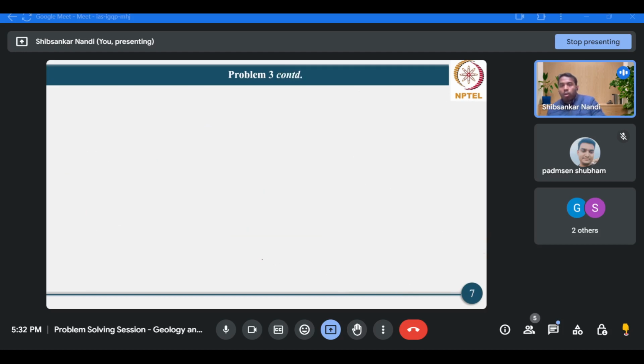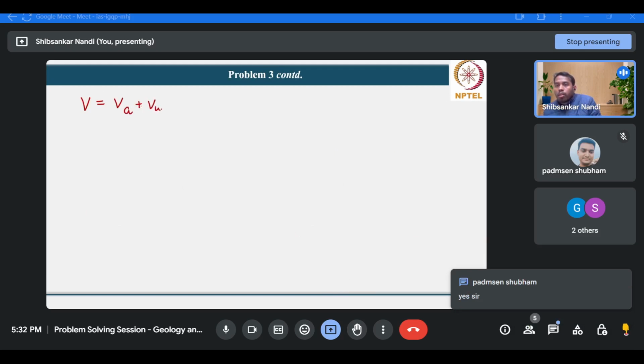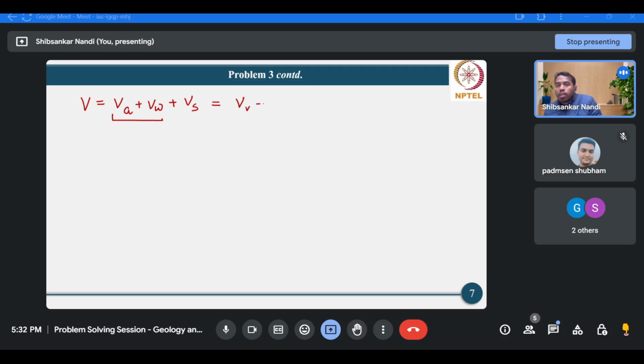The total volume is Va plus Vw plus Vs. Now Va and Vw together is nothing but Vb. So Vb plus Vs. Vs we know, so we can calculate Vb by subtracting Vs from the total volume.